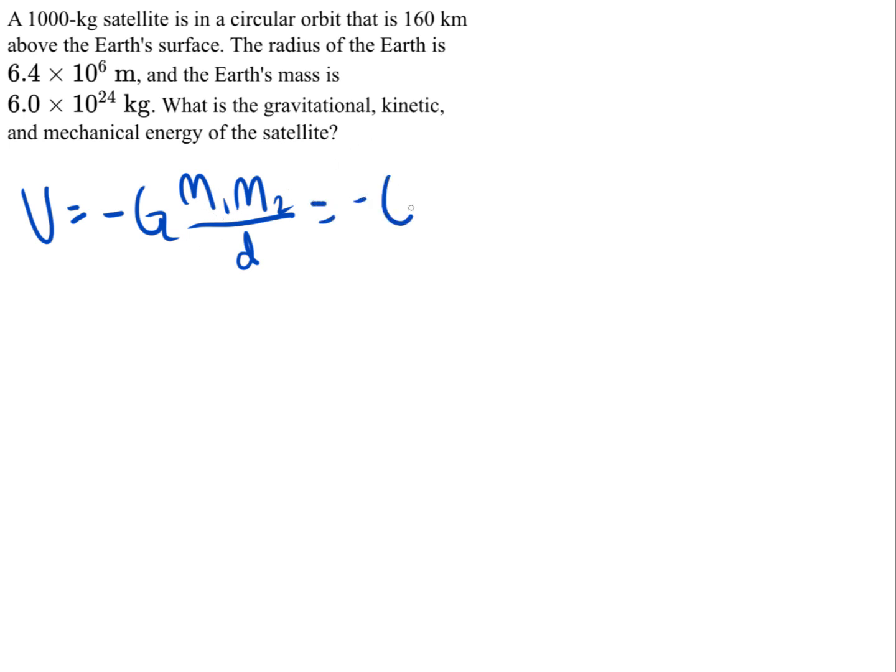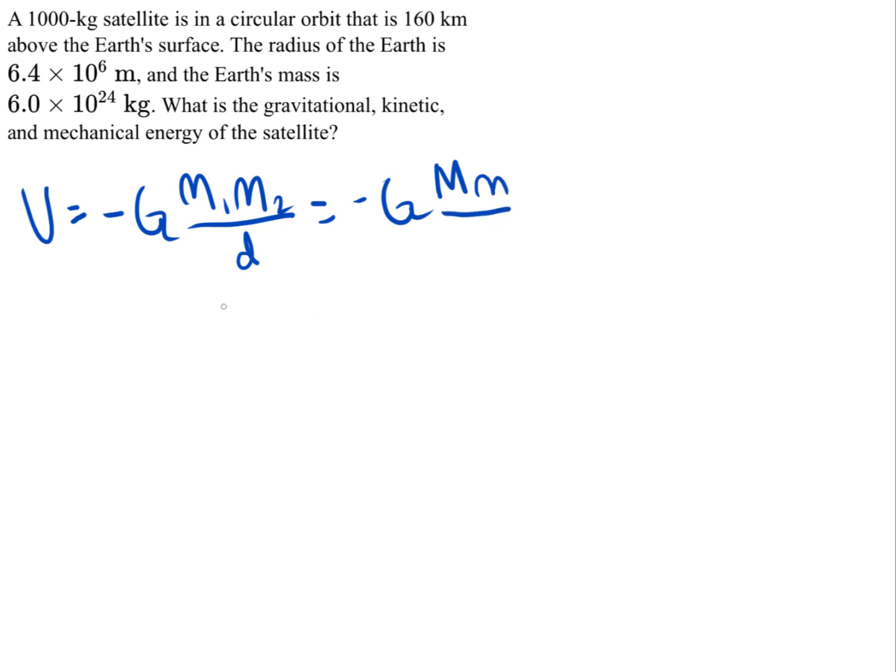But in our case, we still have the gravitational constant. M1, let's call this capital M. That's going to be the mass of the Earth. So the mass of the Earth is going to be 6 times 10 to the 24 kilograms. And I'm going to call the mass of the satellite little m.